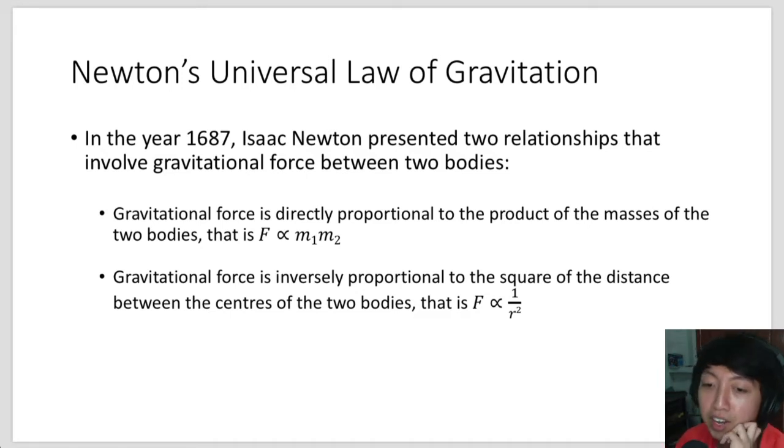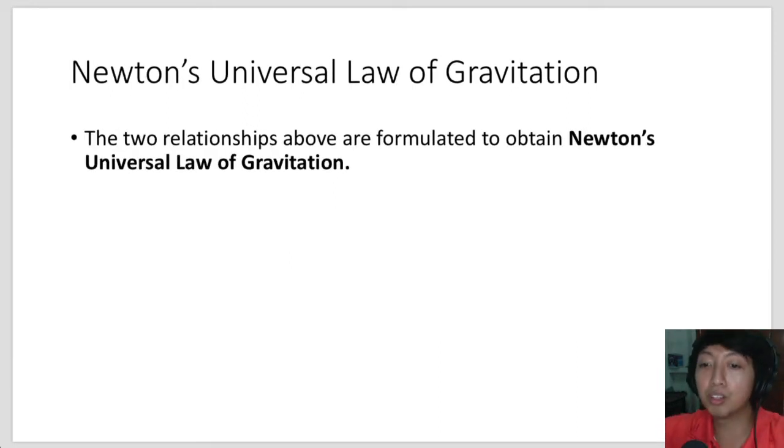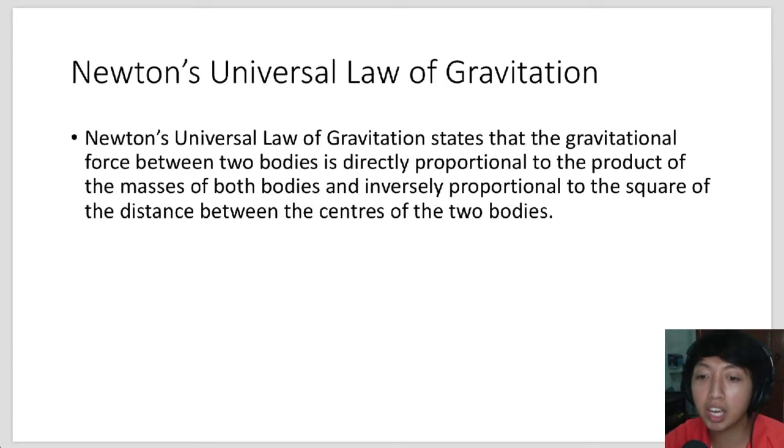Okay, so now that we've talked about these two relationships that we have, now we can go to Newton's universal law of gravitation. If Newton combines everything that we learned, we get this formula.